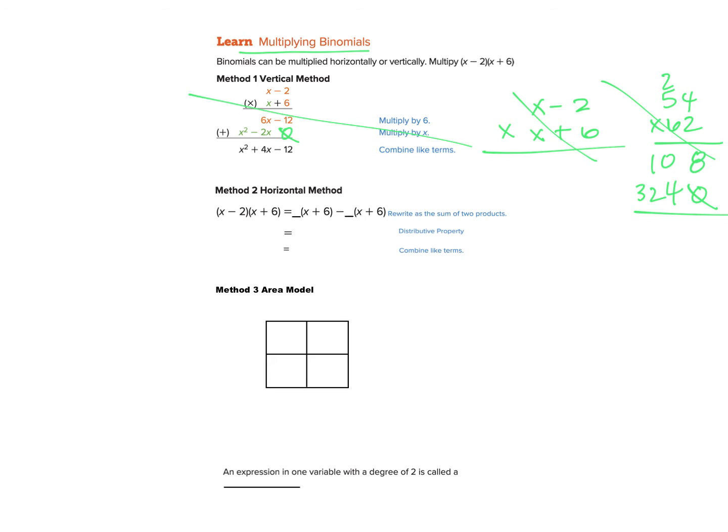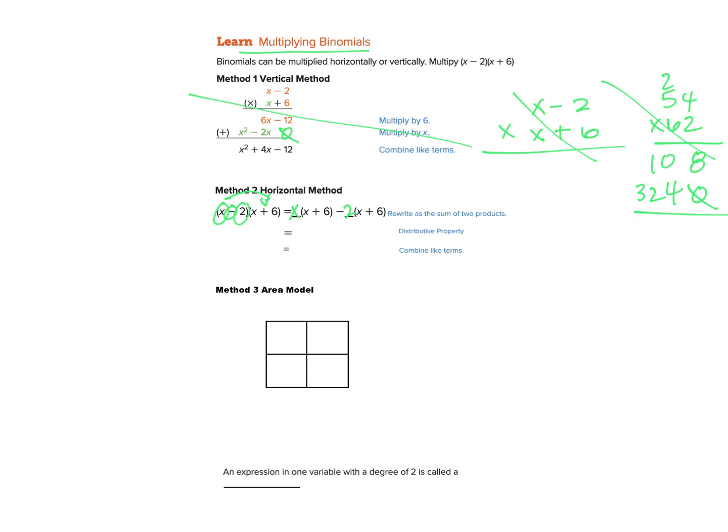Okay, method 2 was the horizontal method, and that was basically saying, okay, I can do this x times this whole thing back here, and then minus, I can do this 2 times that whole thing back there.